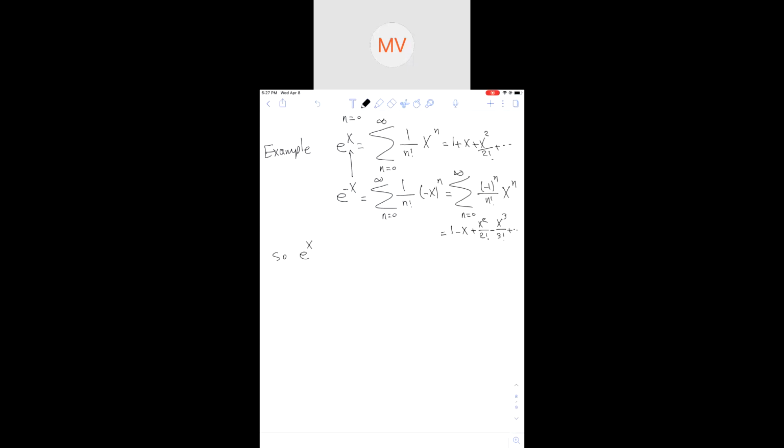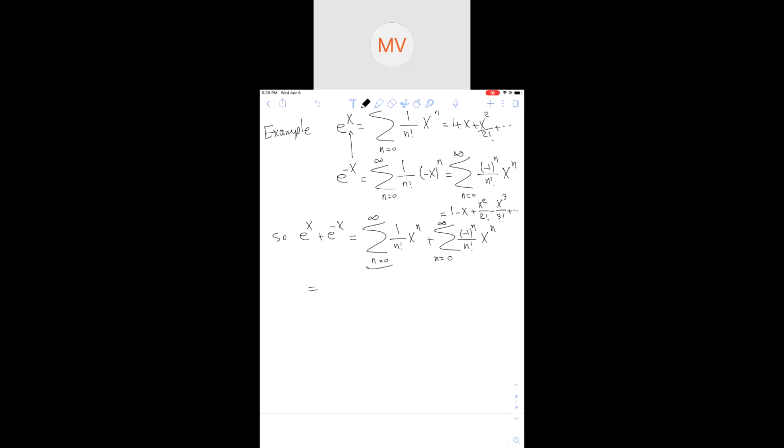So e to the x plus e to the negative x equals the summation of 1 over n factorial x to the n plus the summation of negative 1 to the n over n factorial x to the n, both starting from 0 to infinity.